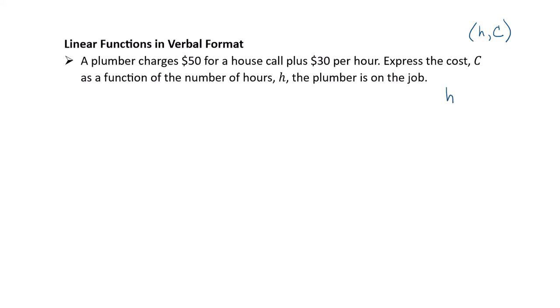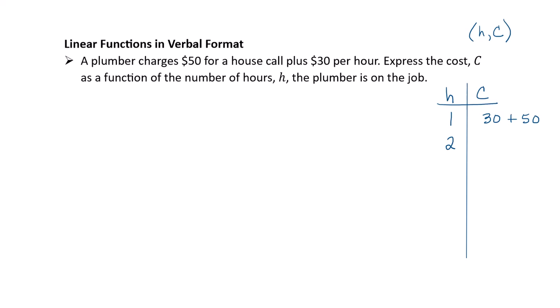Let's make a table, H and C. And let's say that the plumber makes the house call and he's there for 1 hour. So the cost is going to be $30 for being there an hour plus $50 for the house call. Next one, let's say he's there for 2 hours.